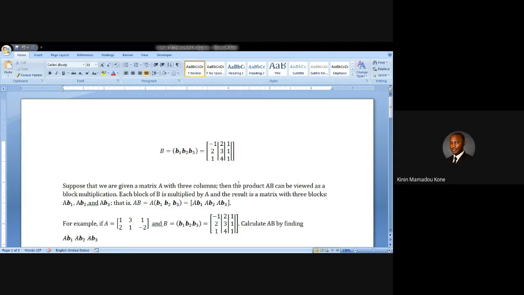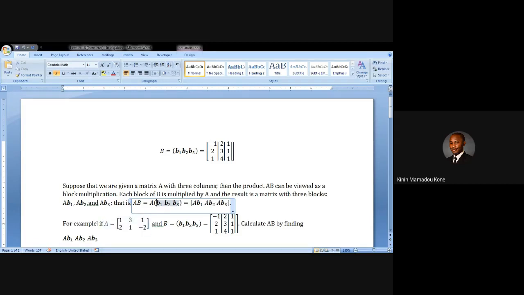The product A times B can be viewed as a block multiplication. Each block of B is multiplied by A, and the result is a matrix with three blocks. So if you have to do A times B, you can consider your B matrix as blocks. You can partition it by columns into column vectors B1, B2, and then B3, and then you multiply your matrix A by each block. So A times B1, A times B2, and then A times B3.